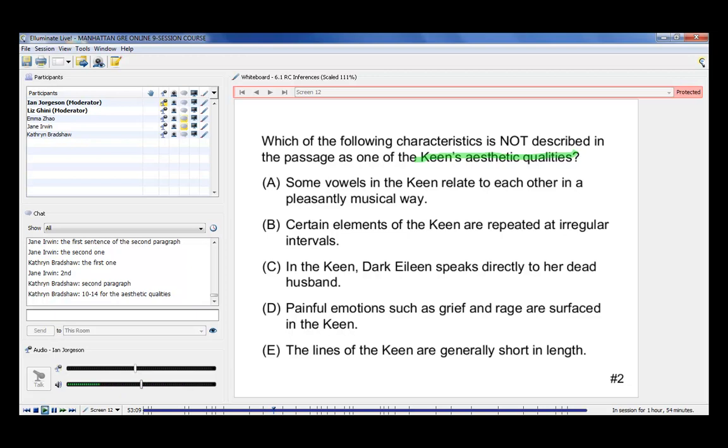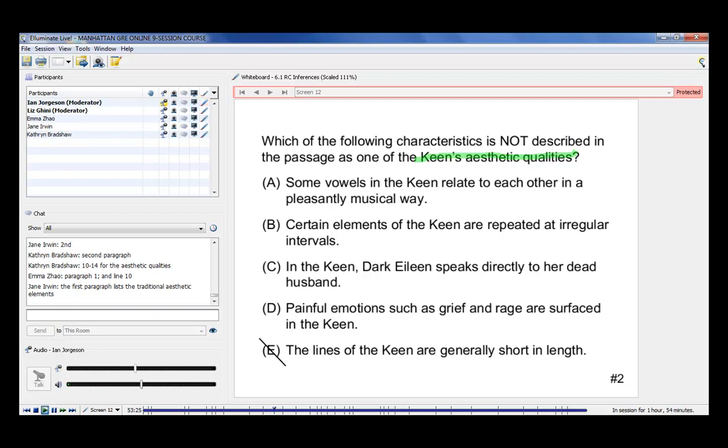It's 10 to 14 for the aesthetic qualities. So where do we get the repeated at irregular intervals, and where do we get lines generally short in length? Right, Emma's saying line 10. Let's read that. Restricted line length. Okay, that kills E.